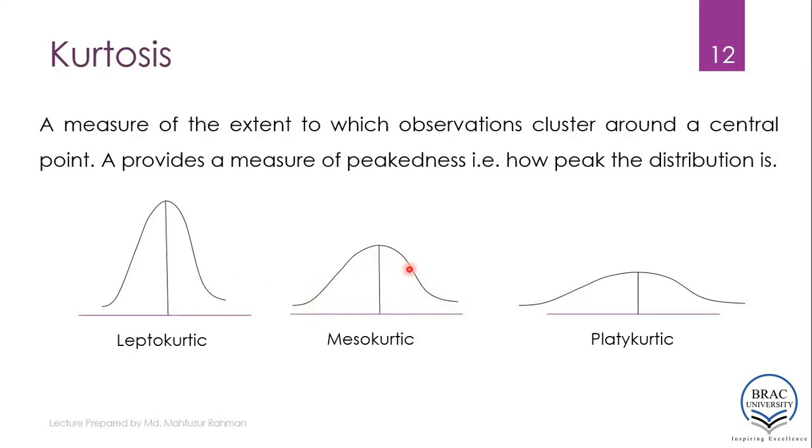And a data set which is very much scattered is known as platykurtic. So that's how kurtosis works, by measuring the peakedness of the distribution. That's all for the shape of distributions. Mainly we use skewness in most cases for the shape of the distribution. Now try to answer the quiz.